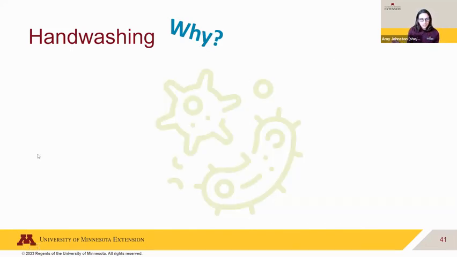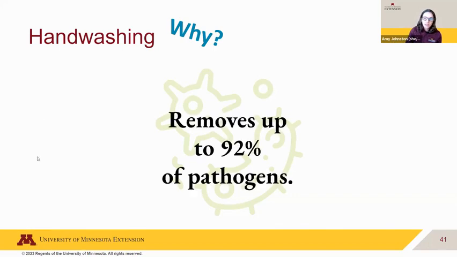So why is hand washing so important? Studies have shown that washing hands with non-antibacterial soap and warm water for 20 seconds can remove up to 92% of bacteria on hands. That's a lot. So two quick comments that I just want to make: antibacterial, antimicrobial, or antiseptic soaps are not more effective than plain soap and water in these situations.